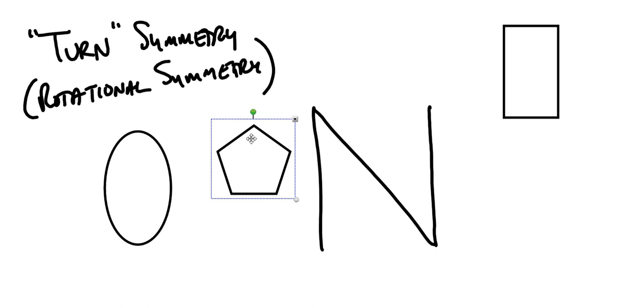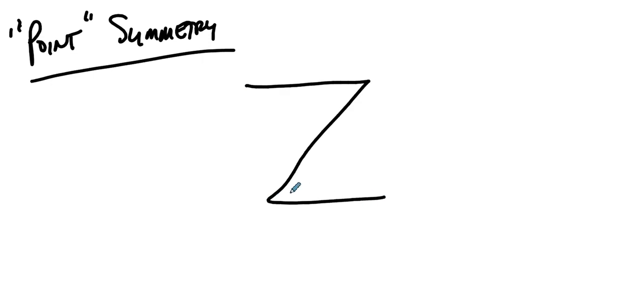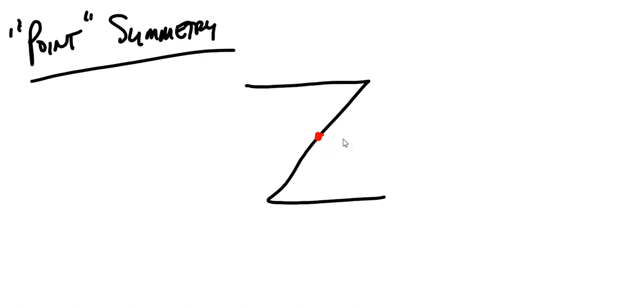Sometimes we talk about point symmetry. Point symmetry is really just 180-degree rotational symmetry. It's got a special name, and I'm not really sure why, but you take the letter Z, or if you're Canadian, Zed, and you've got this point symmetry, because right here at this point in the middle of the Z, if we were to spin this thing around 180 degrees about that point, it would end up where it started.